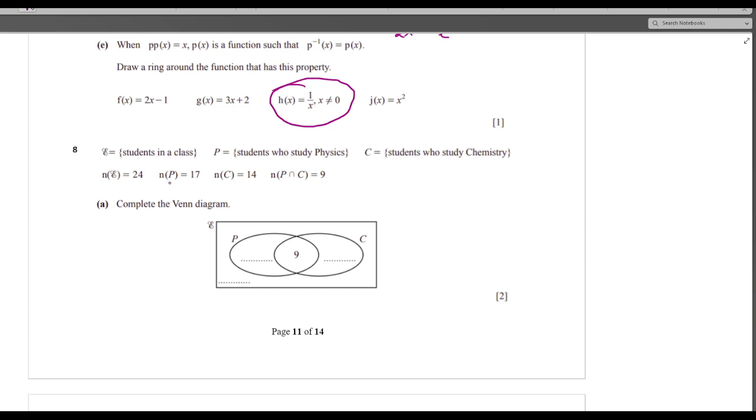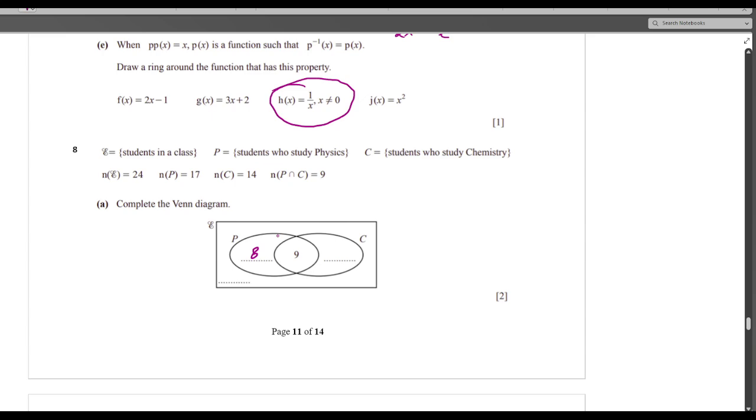For physics, total is 17. 9 already is written here. So 17 minus 9 will be your answer. 17 minus 9 will be 8. So 8 I will write here.